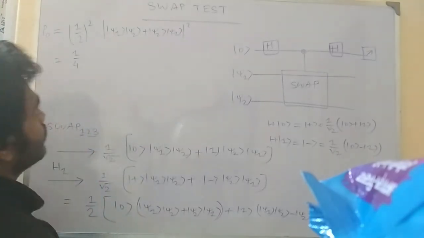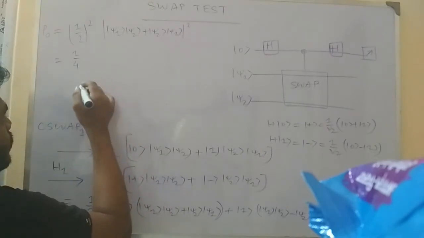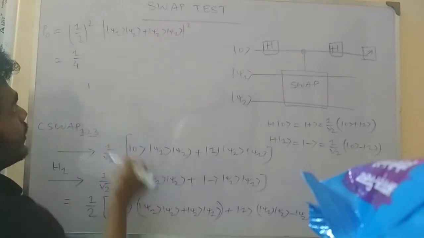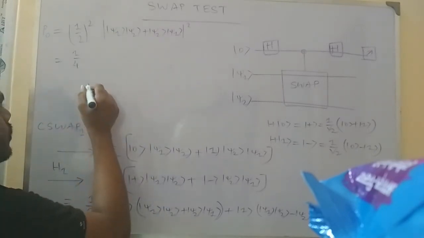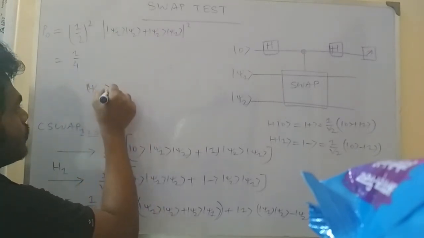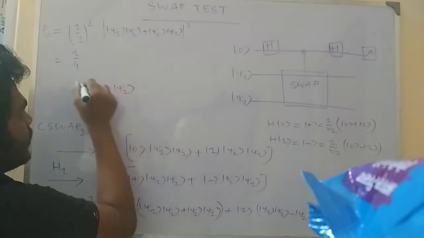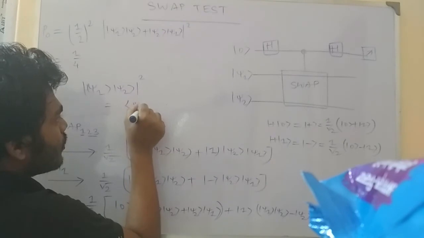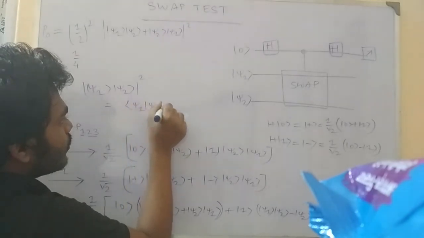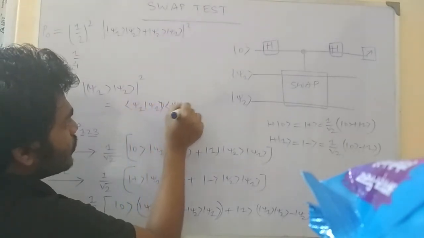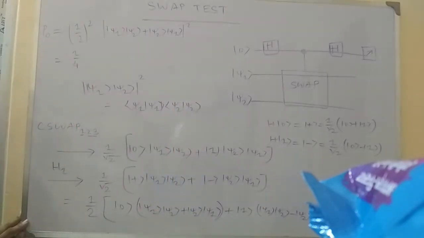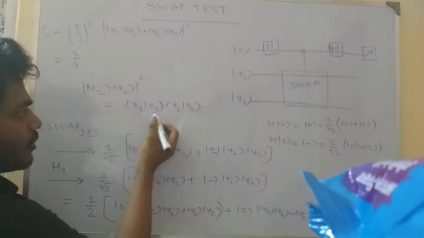Why is it 1? Because suppose we have psi 1 psi 2, so psi 1 psi 2 mod square is 1, because if you take psi 1 psi 2 and its mod square, it is actually psi 1 psi 1 then psi 2 psi 2.